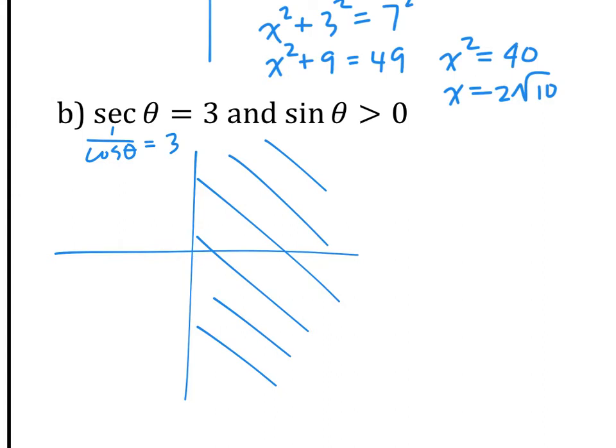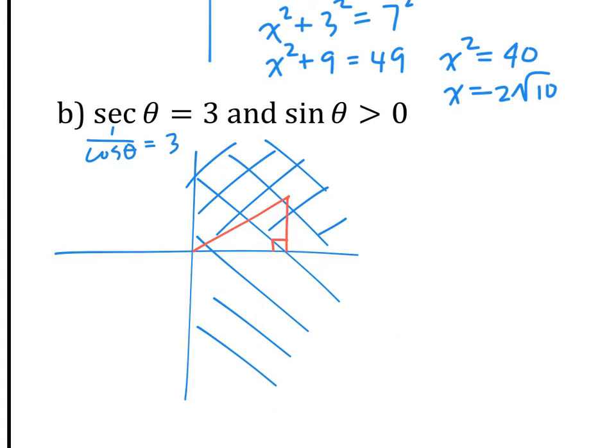From there, where is sine positive? First quadrant. So then you draw a triangle there. We don't know what 1 over cosine is, but we can just find cosine. And I think I may have showed you yesterday, maybe not.